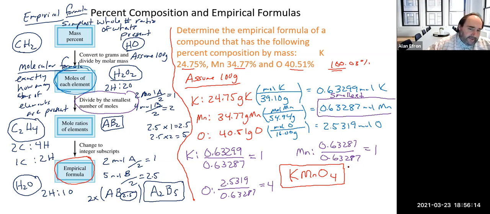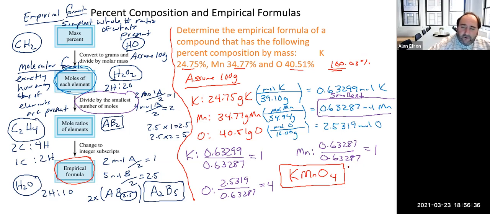When can you round? You should only round in a textbook problem or this type of problem if you're really, really close to a whole number. So maybe you're at like 3.999 or 3.998 or something like that, or maybe you're at 4.01. You pretty much should round at that point.